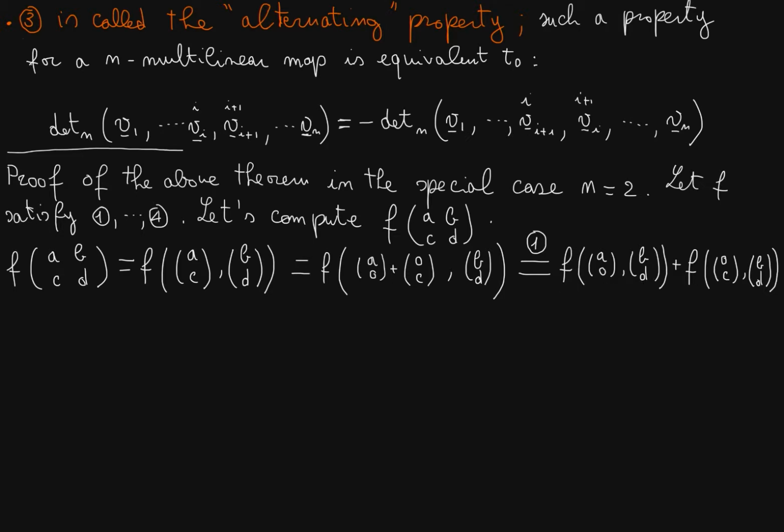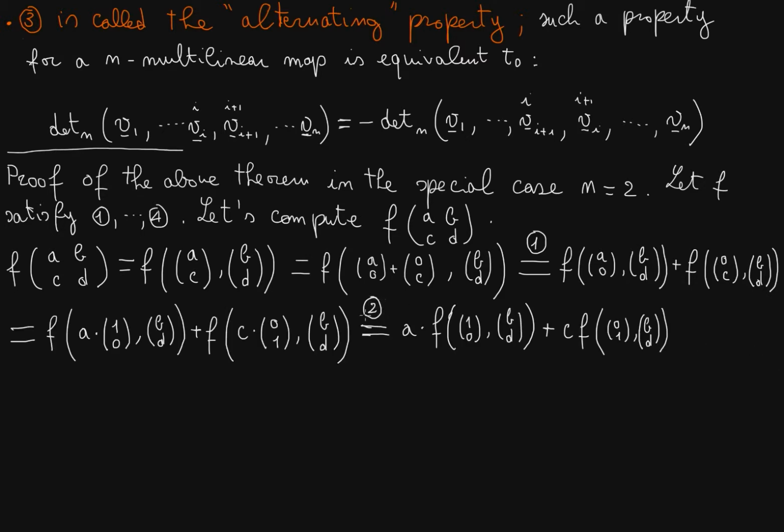The next step will be writing the vector (a, 0) as a scalar times a vector. Clearly (a, 0) is a times (1, 0), and the same goes for (0, c), which is c times (0, 1). Then we can apply property 2, which in this case states that we can pull out of the arguments of f the coefficients.